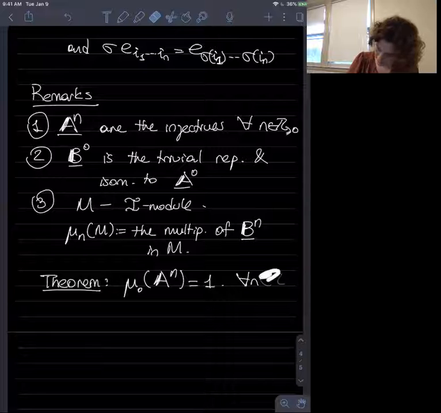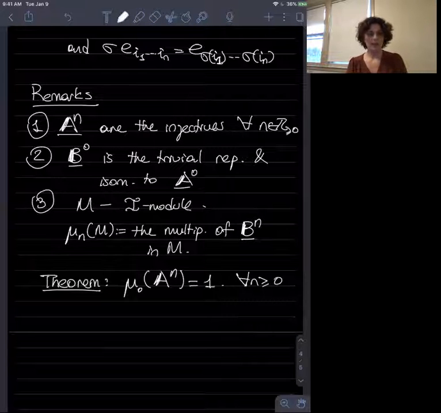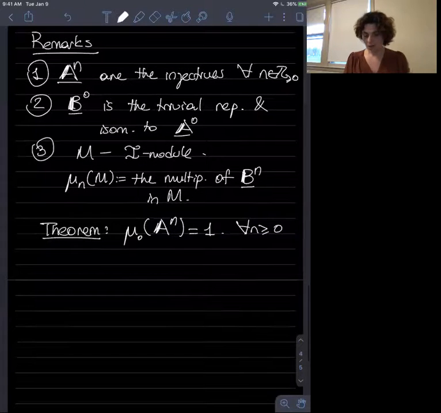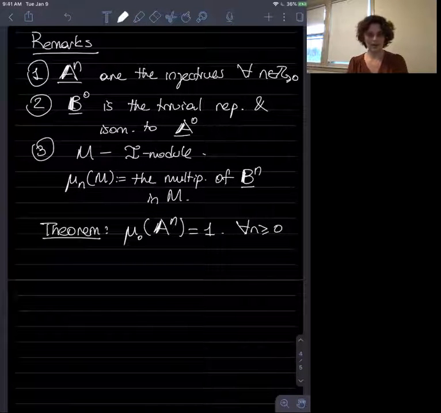No matter which nth principal module you're dealing with, the trivial representation will have multiplicity 1. Okay? So this is the couple of things I'd like to say about the simples.